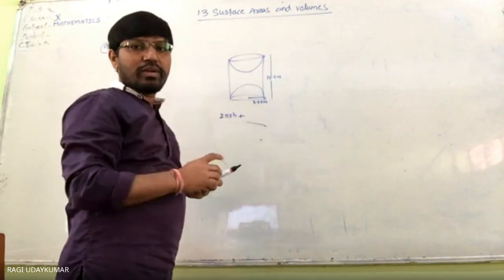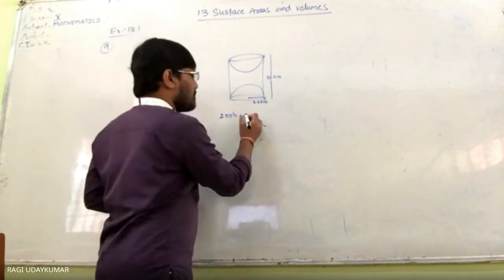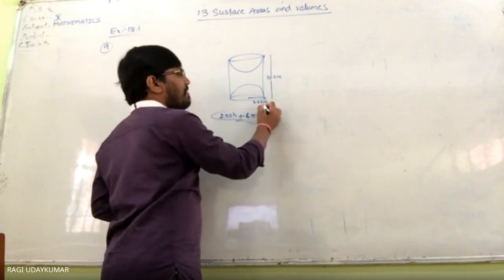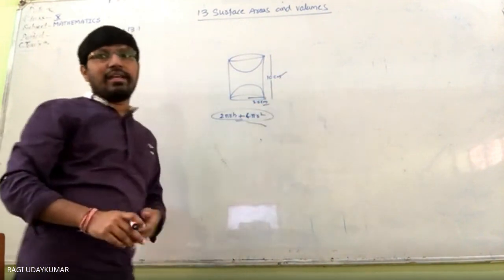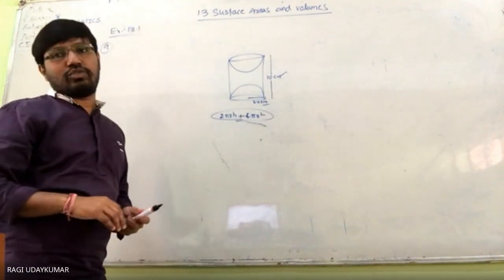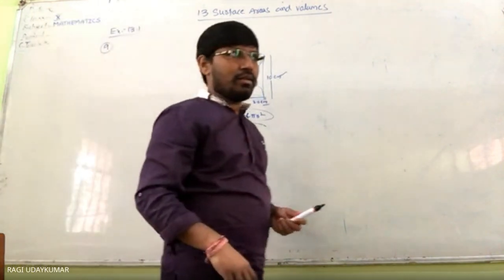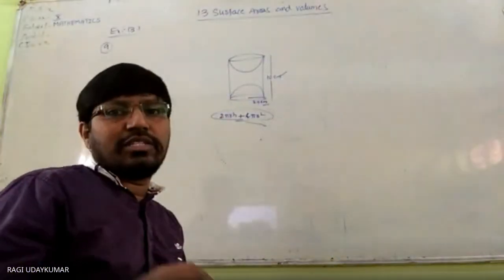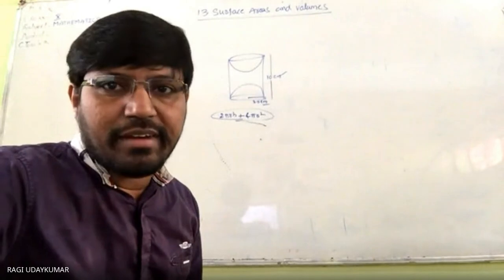So दो हेमिस्फीयर्स together make a sphere, so sphere surface area is 4 pi r square. This is the formula. Every value is there here. R and H value directly substitute करना है. Nothing else. Can you do it? And calculation also simple. It's not very difficult for you to get.